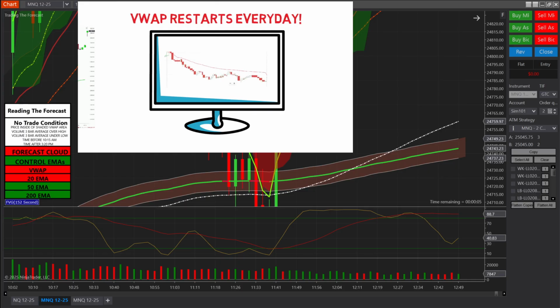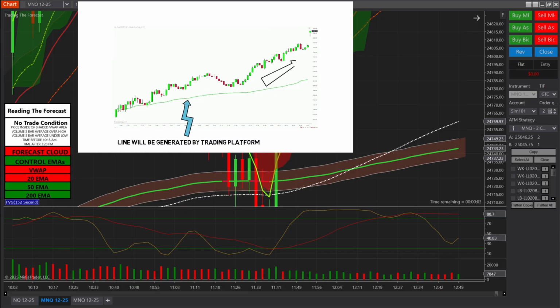Fair warning though, while some institutions may prefer to buy when the price of a security is below the VWAP or sell when it's above, VWAP is not the only factor to consider. In strong uptrends, the price may continue to move higher for many days without dropping below the VWAP at all or occasionally.